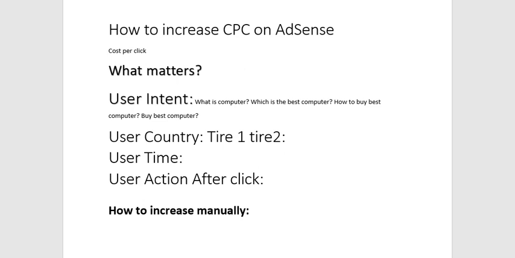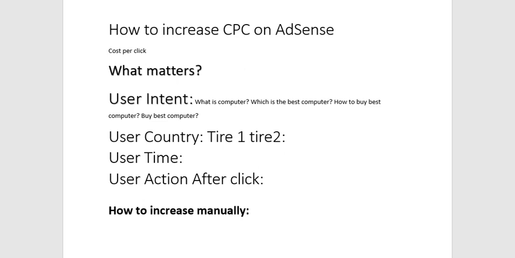So the first thing that matters in the Google AdSense CPC is user intent. Exactly, the CPC is the cost which Google will pay you when someone clicks on the ads.